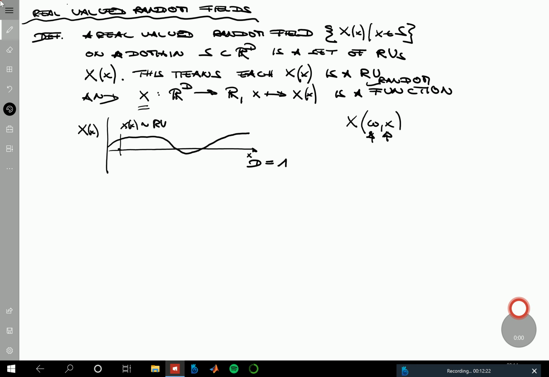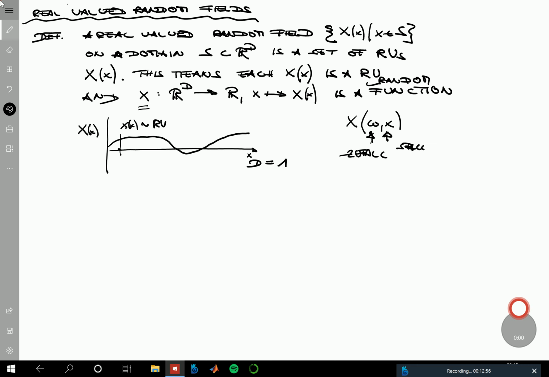So this is the omega, you can view as the Zufall, the randomness, and this is what space does.